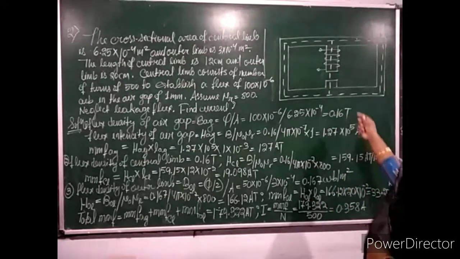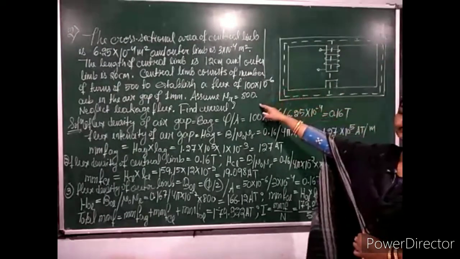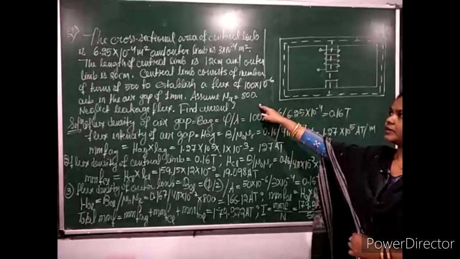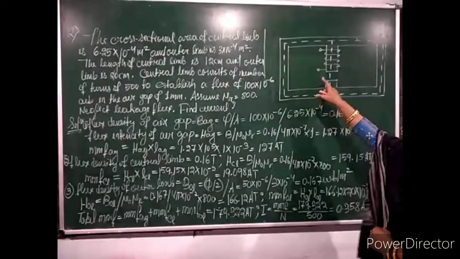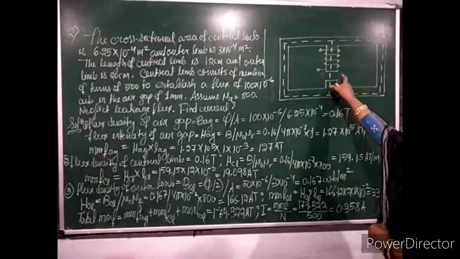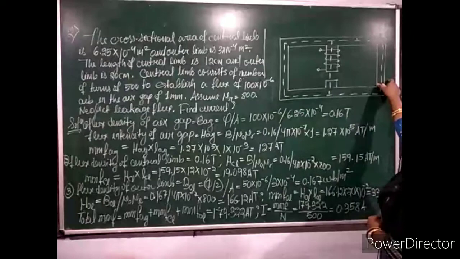Here I have drawn a magnetic circuit according to the given data. Here what is the data? There is a central limb. It means it is of rectangular shape. This is the central limb and these two are the outer limb.